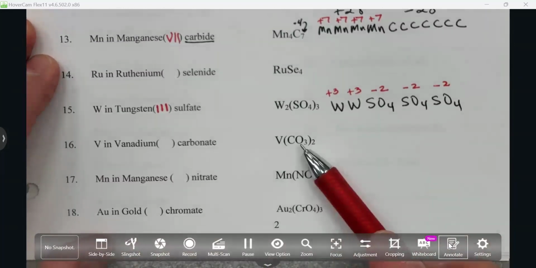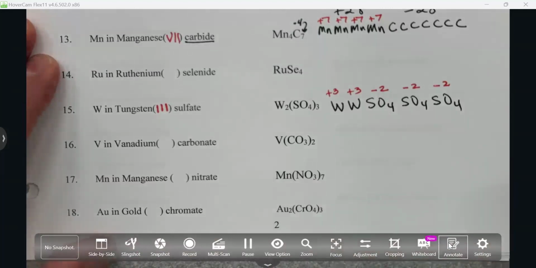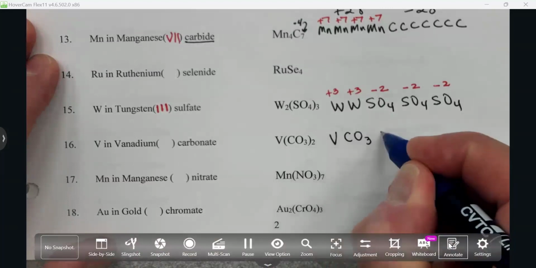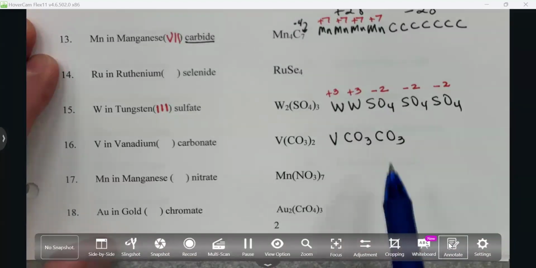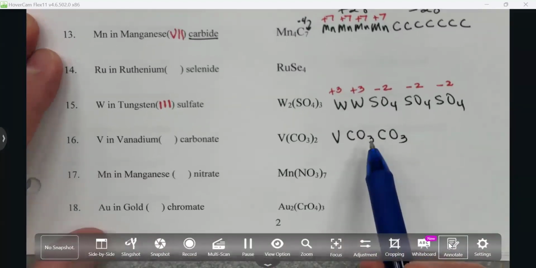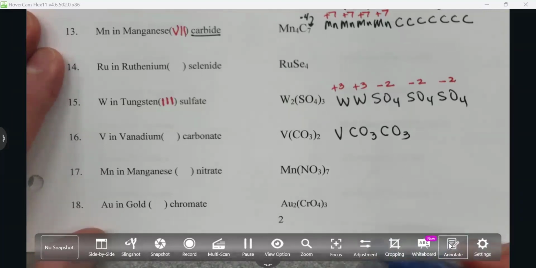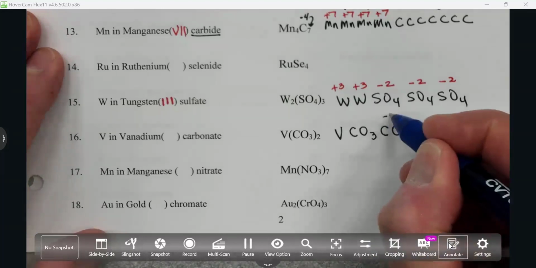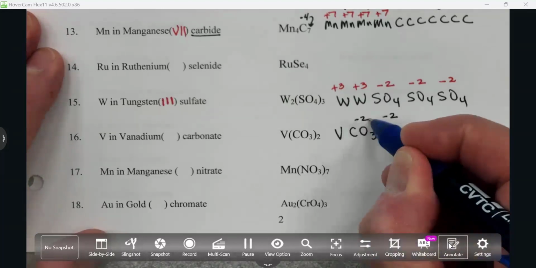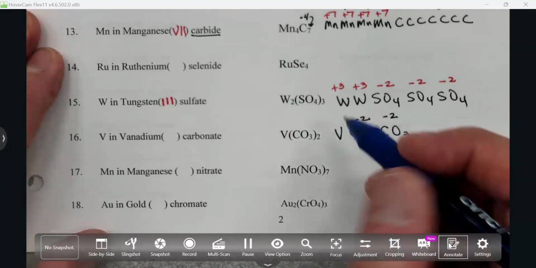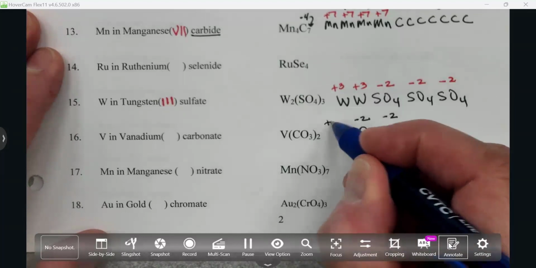Vanadium carbonate. So carbonate should be a common one. What's the charge or oxidation state for carbonate? Look on your pink sheet, should be highlighted. -2. So -2, -2. What's my vanadium? +4.